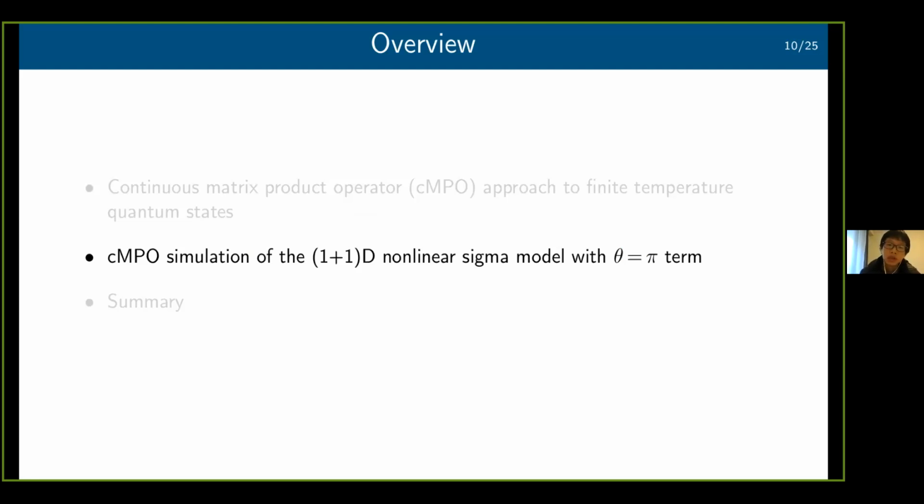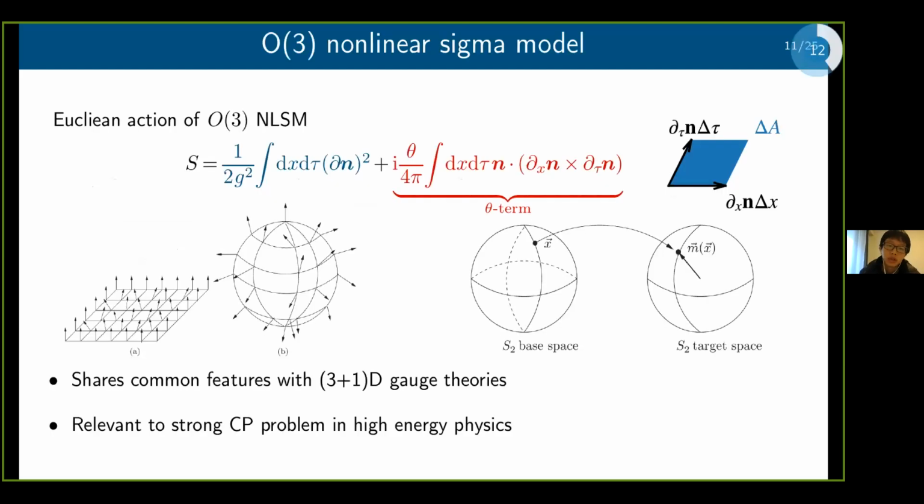The Euclidean action of the nonlinear sigma model looks like this, and it consists of a field operator, which is a unit vector that lives on the unit sphere in three-dimensional space. The first term here, the blue term, basically represents the coupling between these vectors in the two directions, the x direction and the tau direction.